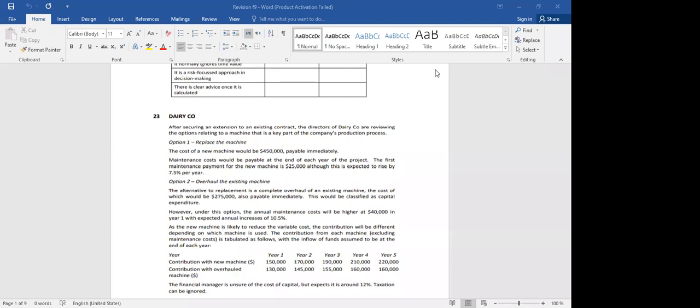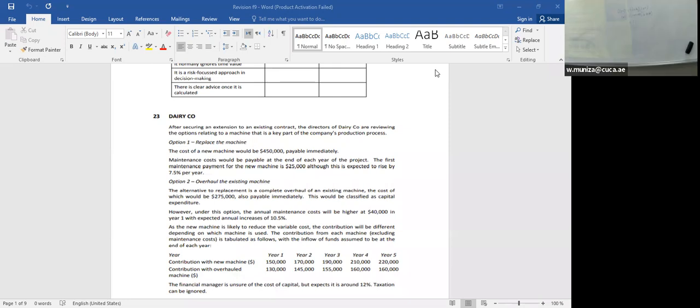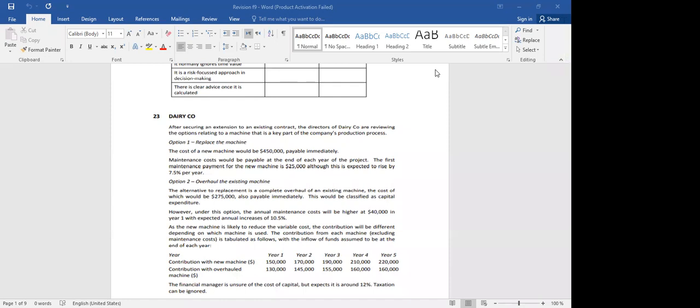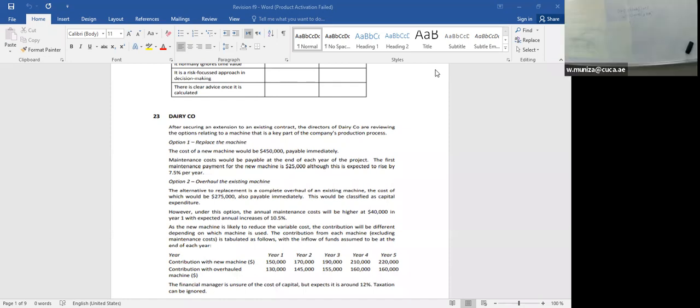Miss, is it 110,000 for option 1? 110,000. Very good, very good. And for option 2, have you calculated? No, not yet. Okay, calculate for the second option as well for overhauling.